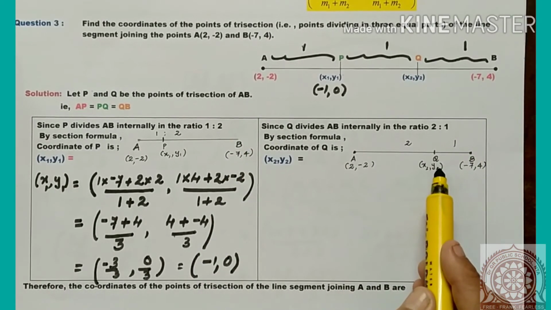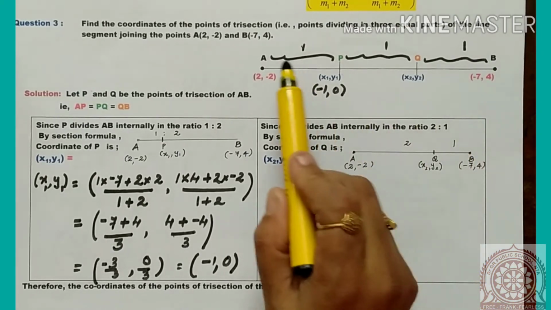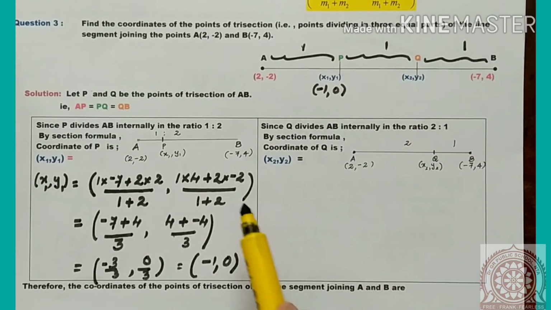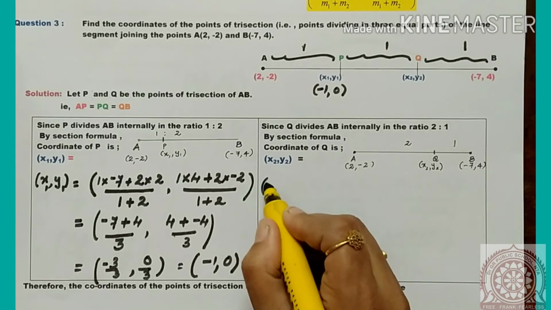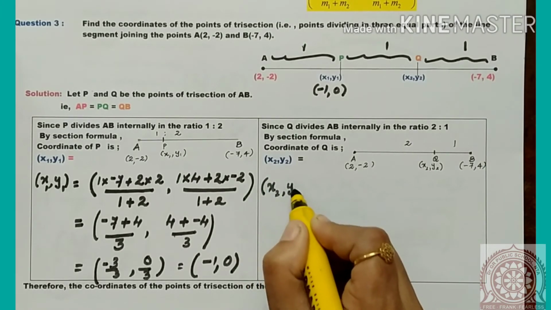But the point Q divides AB in the ratio 2:1. So we are going to find the coordinate x2, y2.